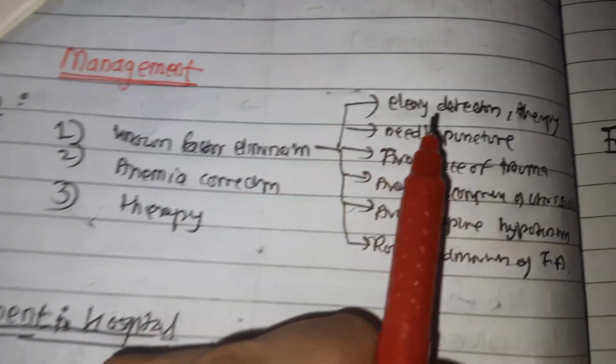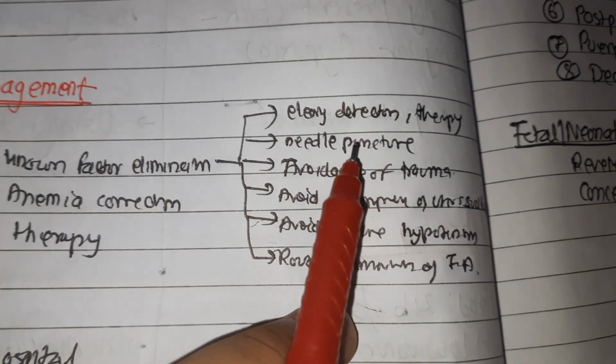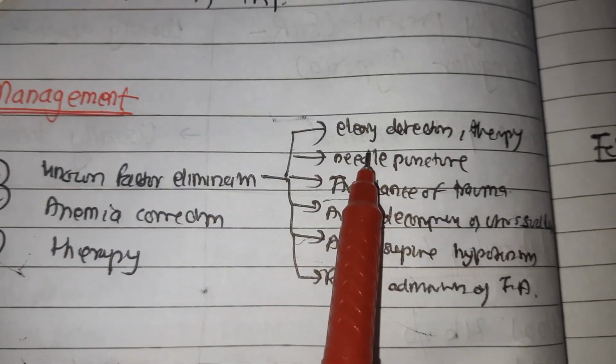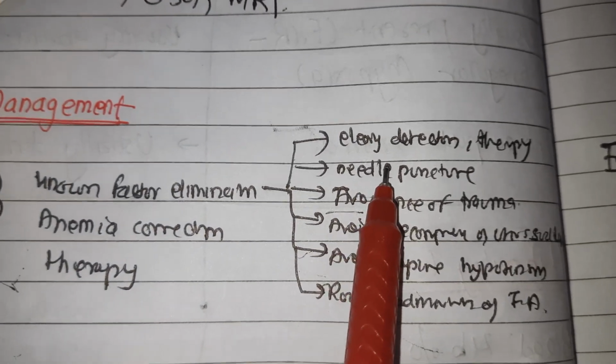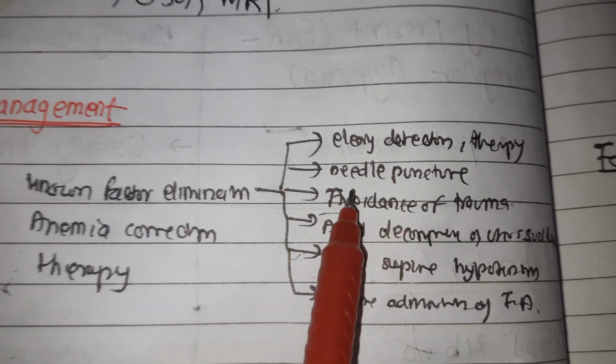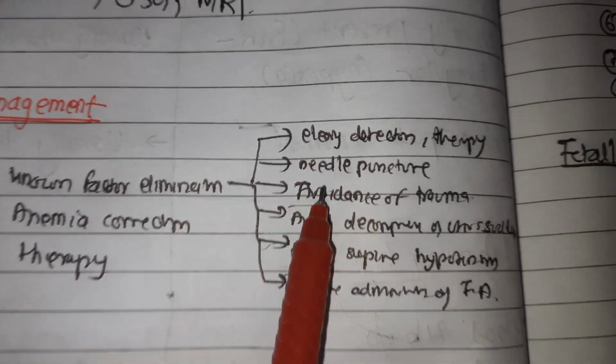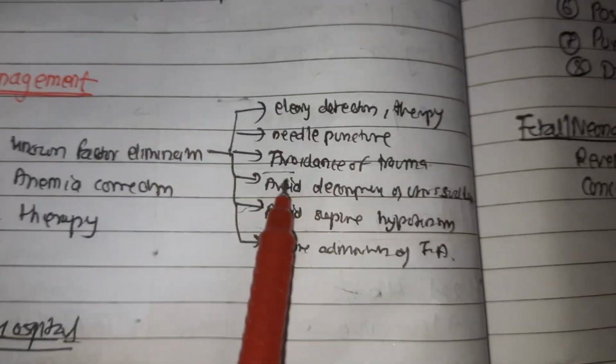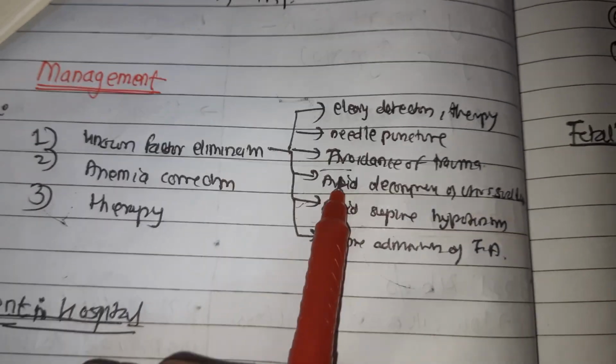One is early detection and effective therapy of hypertensive disorders in pregnancy, such as preeclampsia. Needle puncture during amniocentesis should be under ultrasound guidance, and there should be avoidance of trauma, especially forceful external cephalic version under anesthesia.